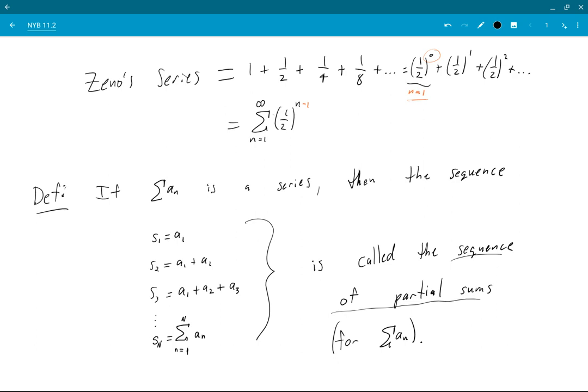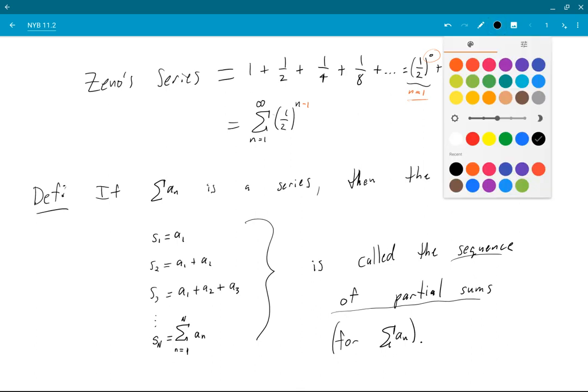So it's a sequence, S1, comma S2, comma S3, comma S4. This is a sequence, and it's a sequence of partial sums because, well, I hope it's more or less self-explanatory.